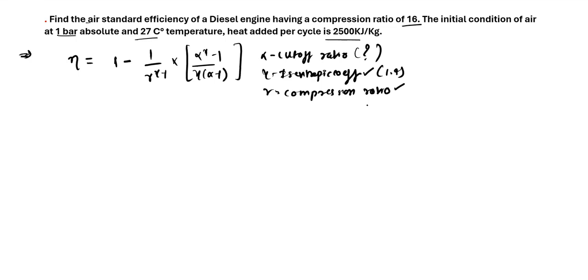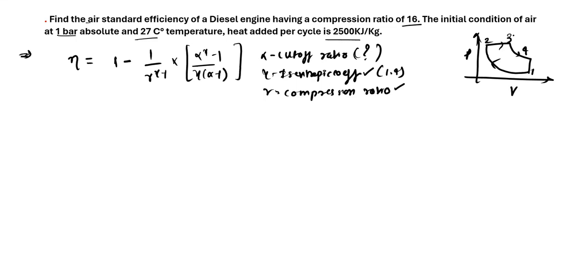What is the definition of cutoff ratio? Cutoff ratio is nothing but the ratio of volumes after the combustion and before the combustion. Let us say this is a typical diesel cycle, points 1, 2, 3, 4, on a P-V diagram.